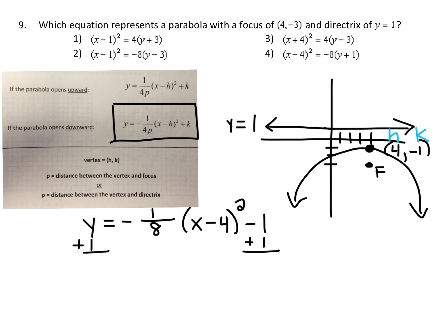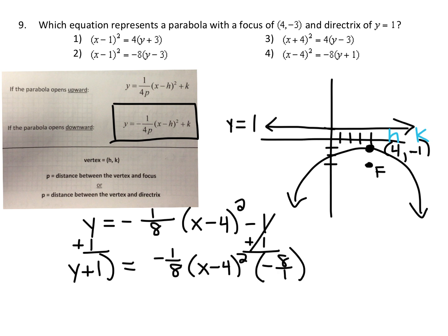which would leave me with y plus 1 equals negative 1/8 times x minus 4 squared. Right, these cancel. And then to get rid of the negative 1/8, to get this by itself, I'm going to multiply both sides by the reciprocal of this. So the reciprocal would be negative 8 over 1, which is really just negative 8.